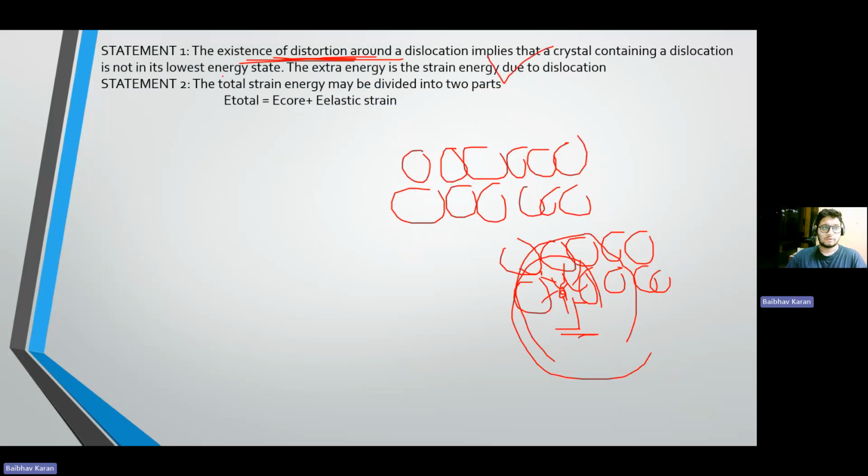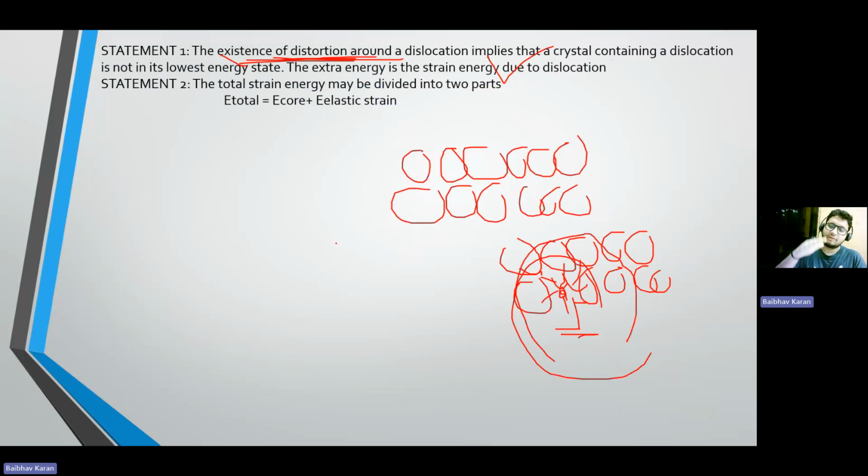So this statement is true. Of course, the existence of distortion around the dislocation implies that the crystal containing a dislocation is not at its lowest energy state, because there is a huge strain field around the dislocation. The extra energy is the strain energy due to the dislocation.